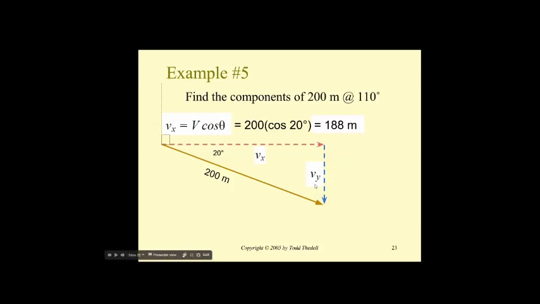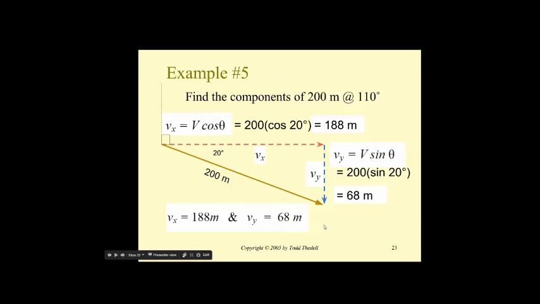Okay, so to calculate the vertical component, the y component, the one going down, I take the magnitude of 200 and multiply by the sine of the angle. So it's 200 times the sine of 20. That calculates out to 68 meters. So I know now that the two components, the horizontal is 188 meters and the vertical is 68.